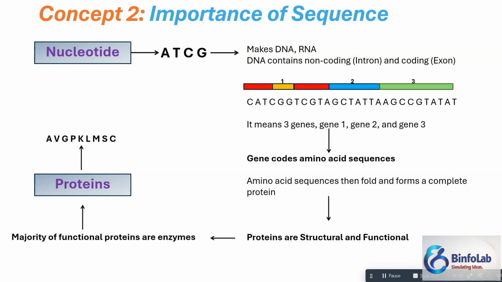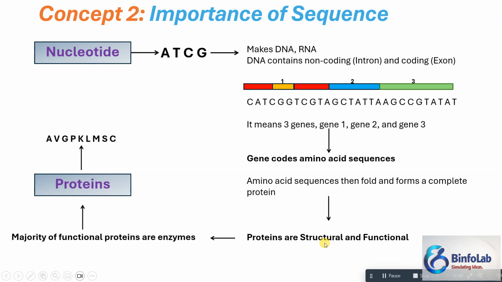For some proteins, the tertiary structure is the final level, whereas for others the quaternary structure is the final level. So proteins are structural and functional units. Suppose one of these genes, let's say gene 2. This is the gene 2 sequence. It produced an amino acid sequence. The amino acid sequence folds into a protein.